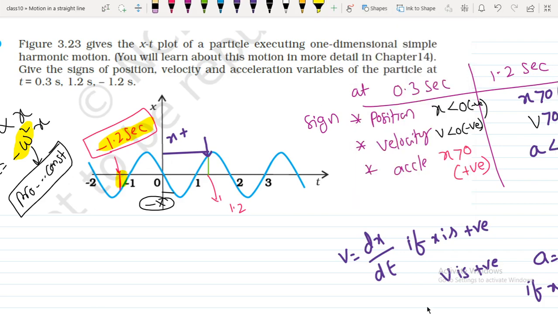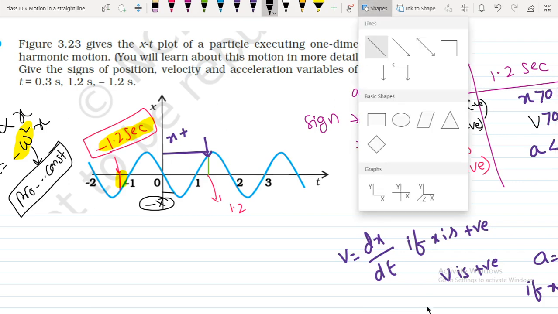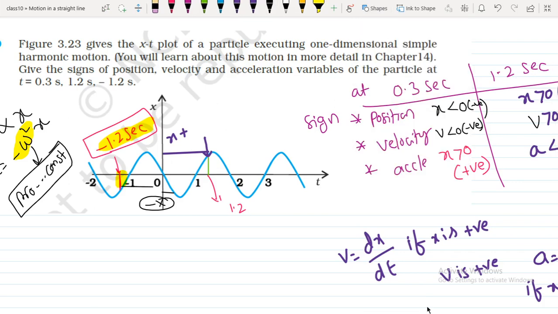The position here, if I take a line, x is negative, that is, x is less than 0.